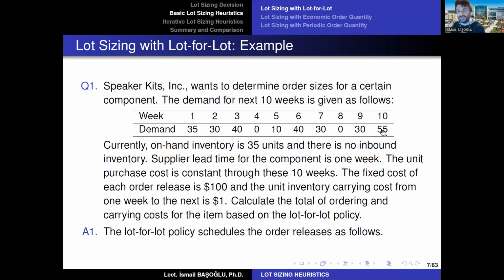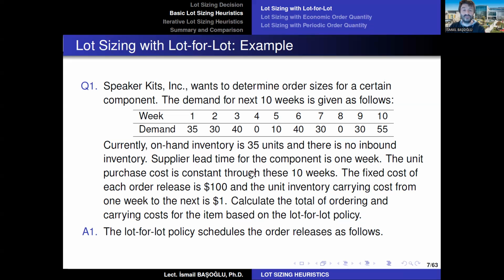So a positive target inventory level at the end of the planning horizon can be included in the last period's demand. If there is a negative targeted inventory level, it will be added as a negative value. If the manager wants to end up with negative 10 units of inventory, then the adjusted demand in the 10th week will be equal to 45.